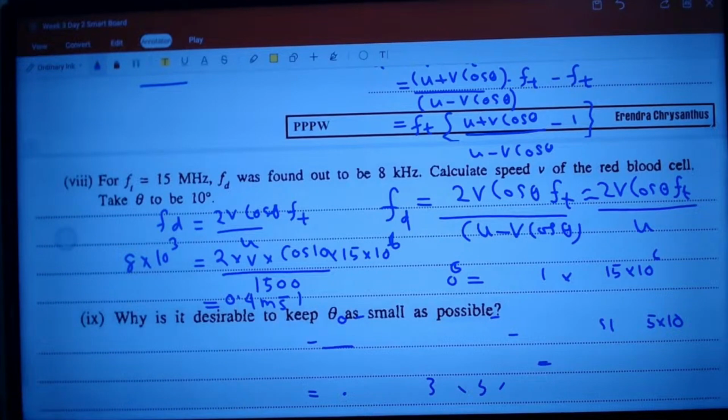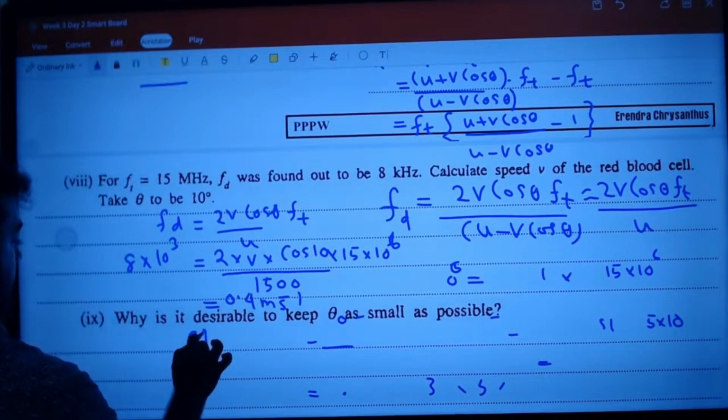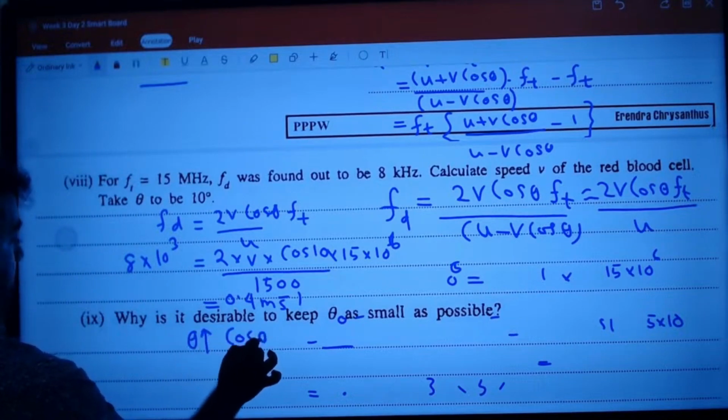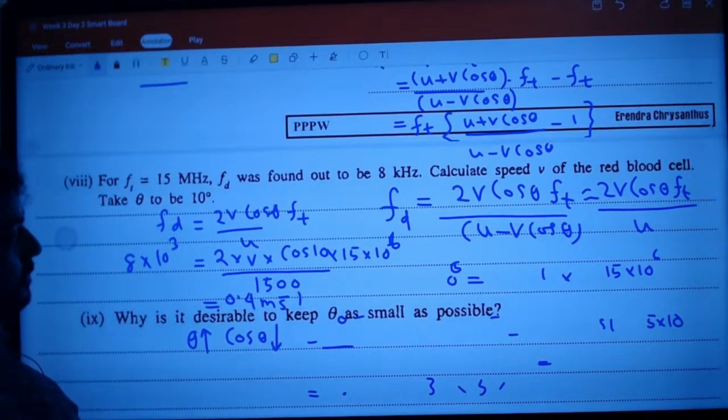Why is it desirable to keep theta as small as possible? What happens is if theta becomes large, cos theta will become small.